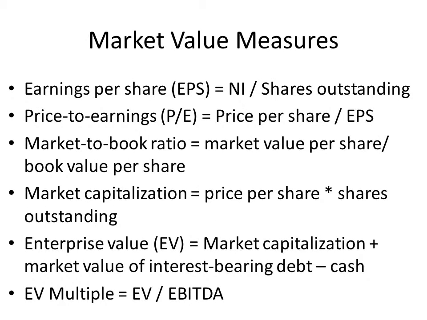Now we move on to market value measures. And the first thing that I want to talk about is earnings per share. Basically, this is just taking the net income earned by the firm and dividing by shares outstanding. Now, there's nothing intrinsically good or bad about having a lot of shares outstanding. You could have two identical companies, one with 100,000 shares outstanding and one with 1,000,000 shares outstanding.